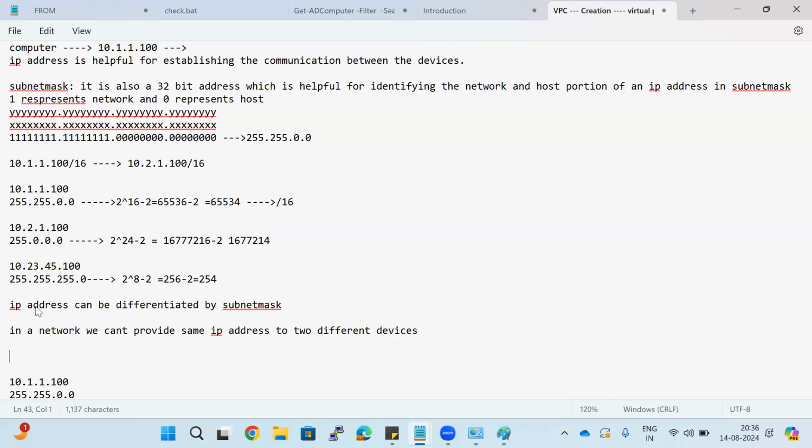And the next one is, if the network portions, the network octets, of the IP addresses are different, then the IPs belong to two different networks. Yes or no?